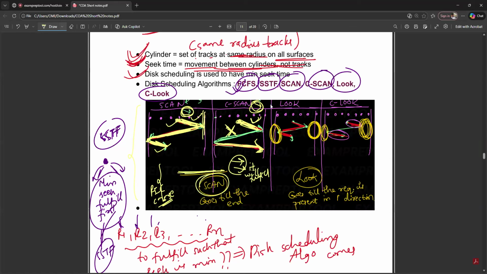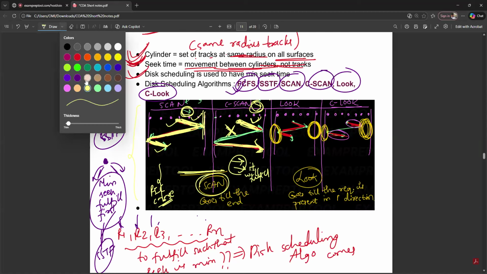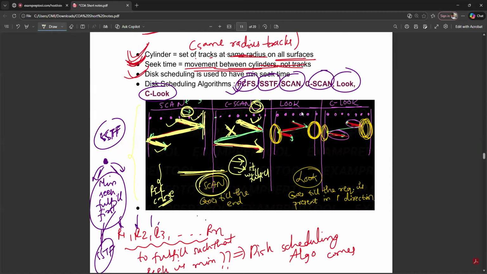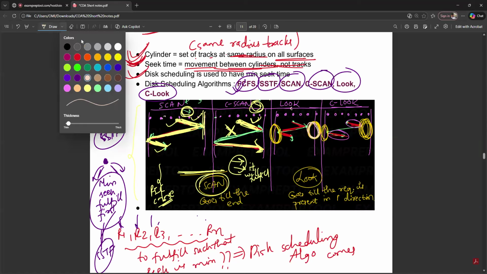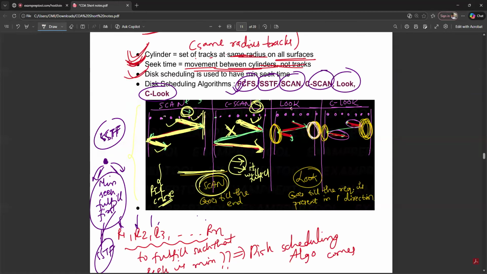Okay. Now coming back to the LOOK. What is the LOOK? See, LOOK is a similar version of SCAN, but LOOK eliminates this particular thing, right? Because let's say if you don't have to fulfill these particular parts, then it won't go till the end.